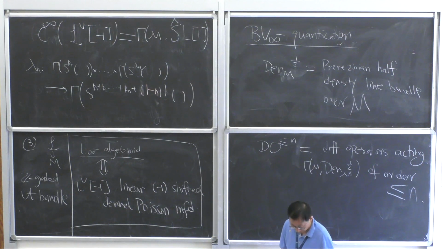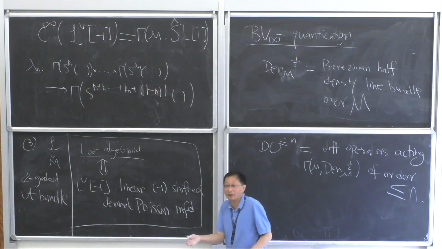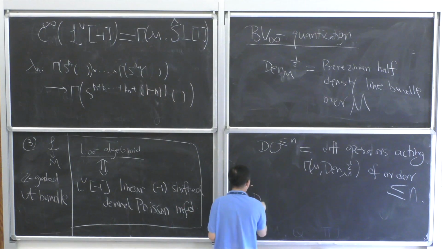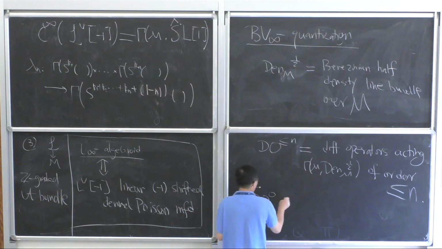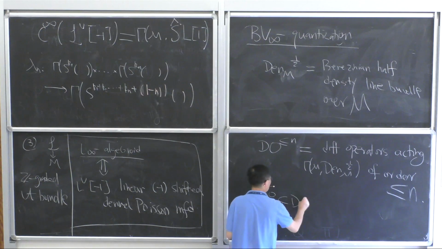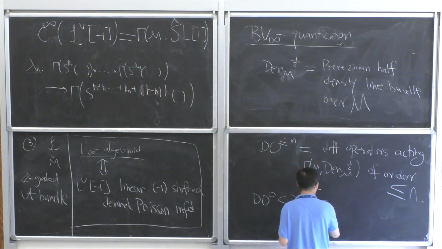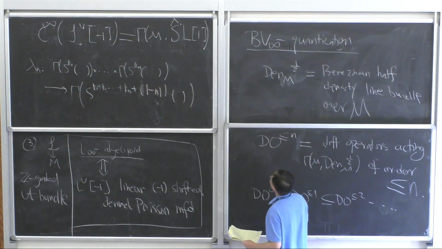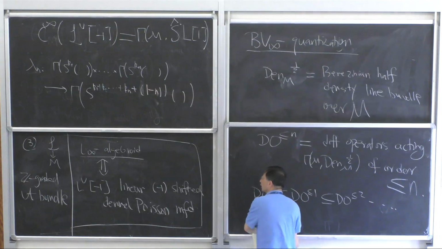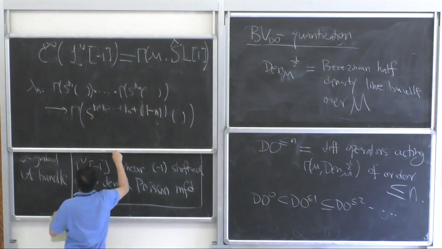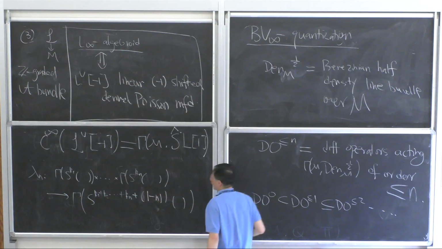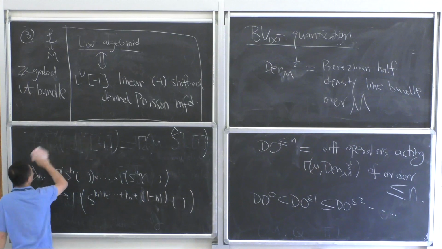So the usual, everything is the usual, there's no difference, Z-graded or usual manifold, it's the same thing. So you have a filtration which satisfies the orders of the very standard differential operator series, which adapt to Z-graded, but there's no difference.